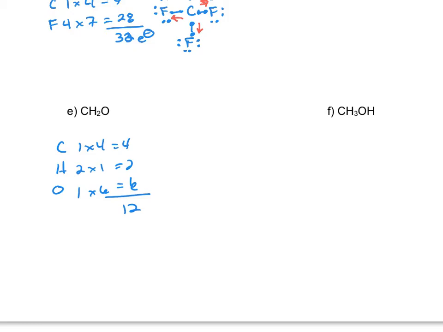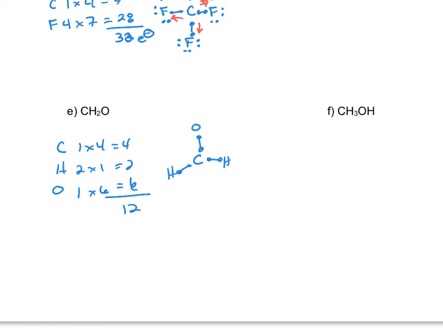And so what we need to do is, in this case, our carbon is going to go at the center and start adding in our peripheral elements, like so.